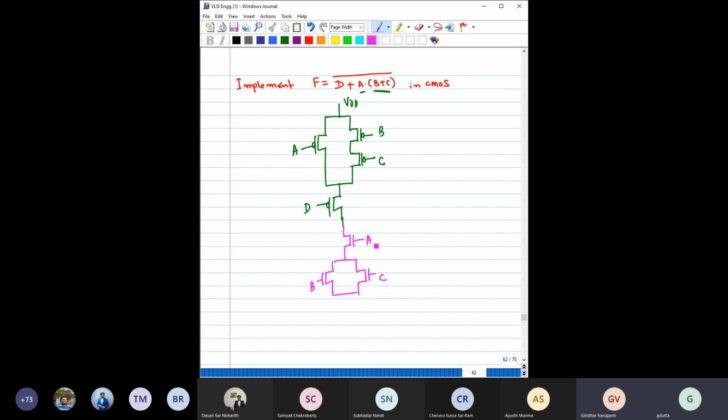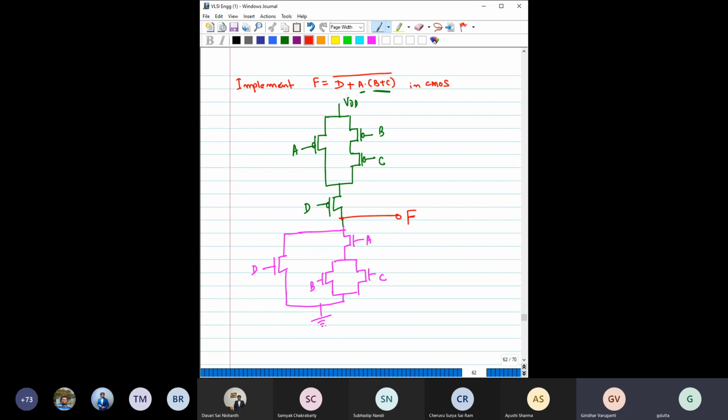Sorry, in NMOS definitely it would be in series, right? And with the total thing you have D in parallel. So in PMOS the D is in series. Here the D would be in parallel. Right, and you will get the output from here.